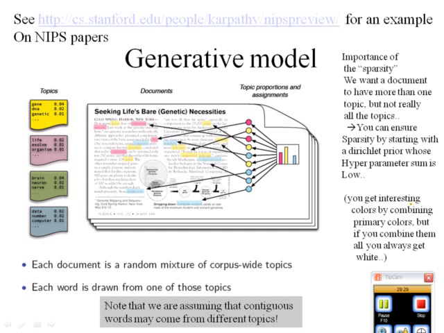How big were these distributions? I'm talking about the distribution over the vocabulary words, and this is the distribution over topics. So you needed this distribution to be as big as the vocabulary.